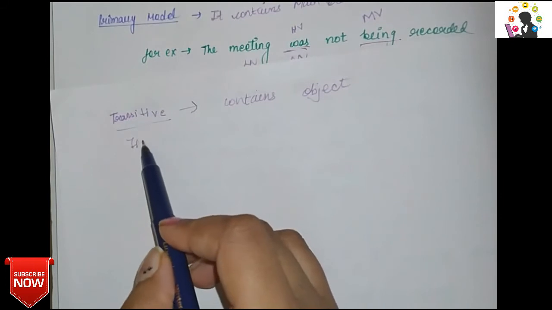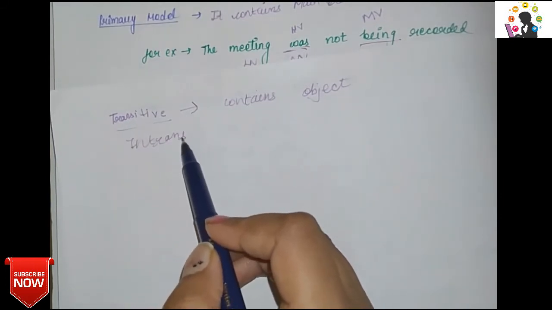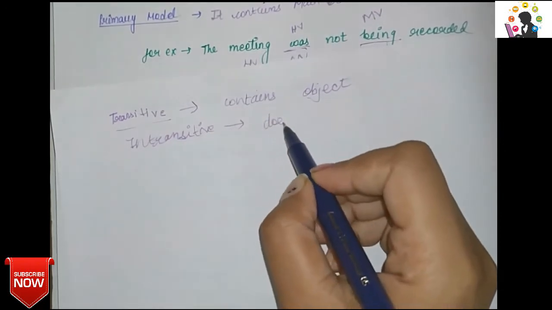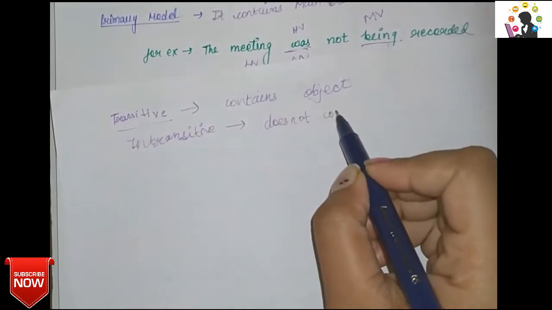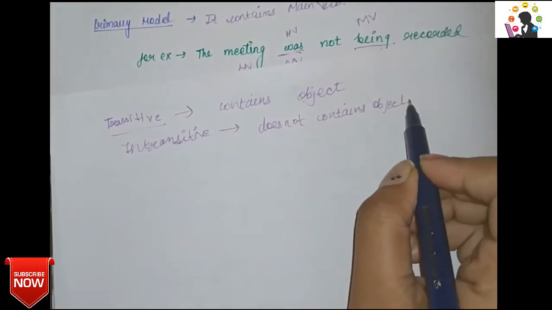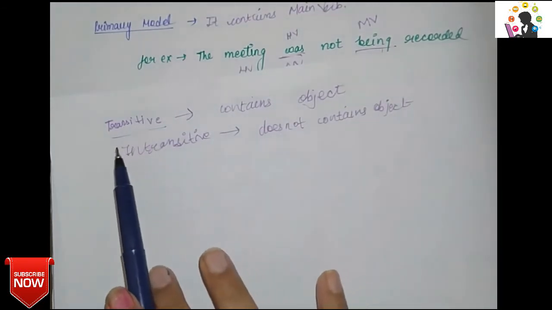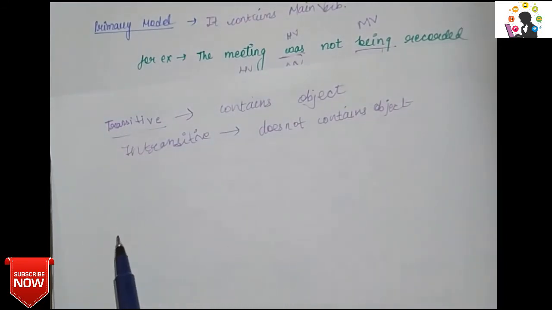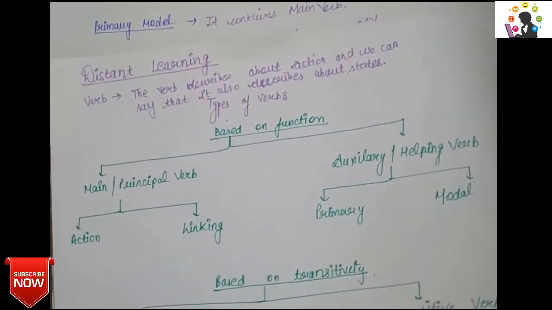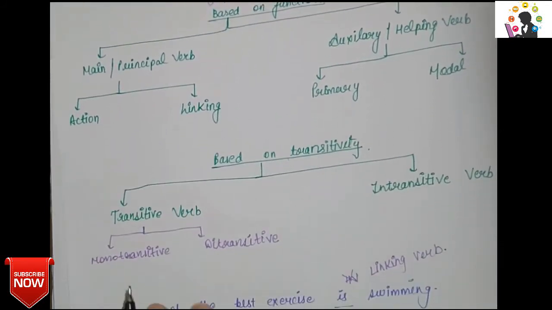And intransitive does not contain an object, means no object. Transitive can be categorized into two, as I told earlier, monotransitive and ditransitive. Monotransitive means that it has only one object, and ditransitive means it has two objects. Okay, as I told earlier.